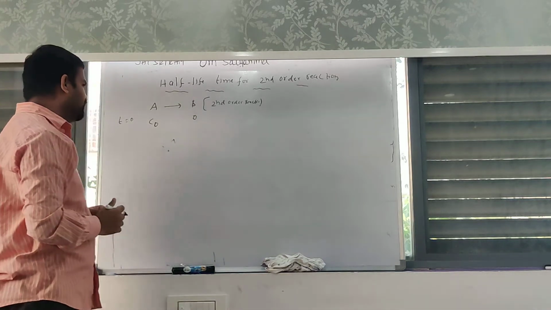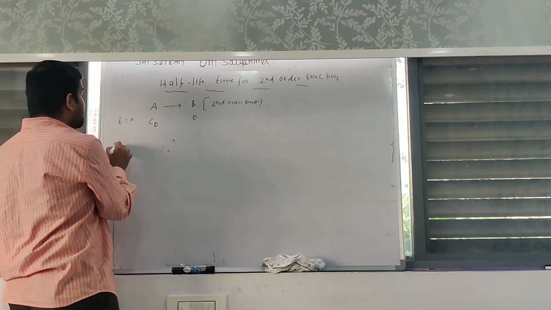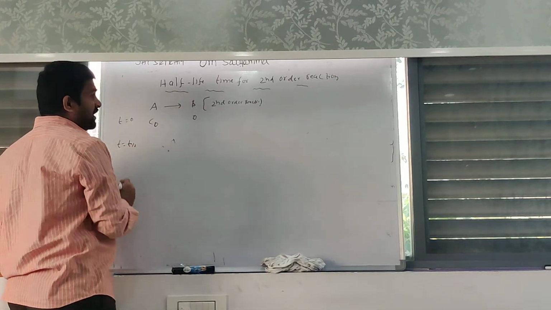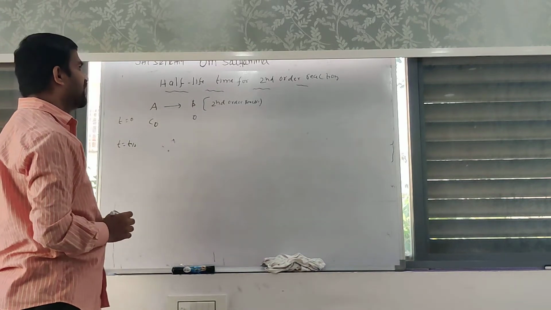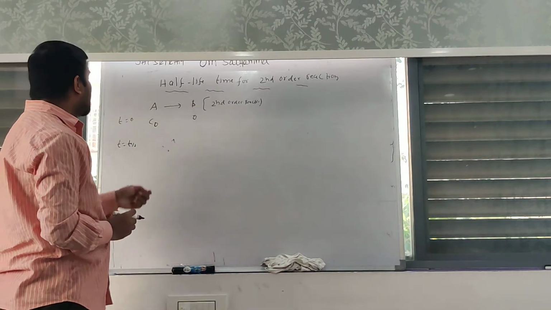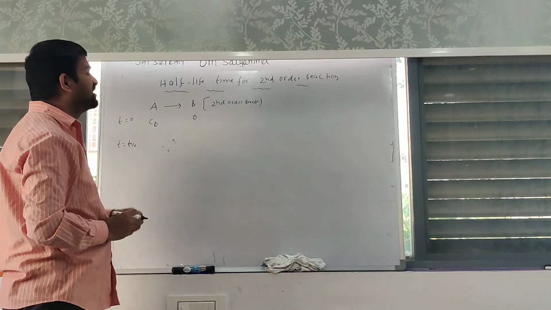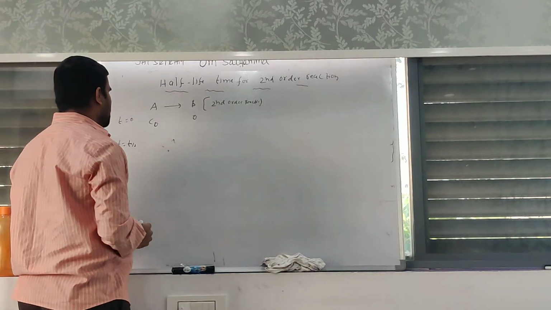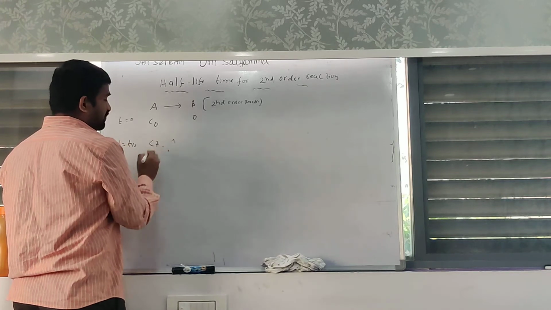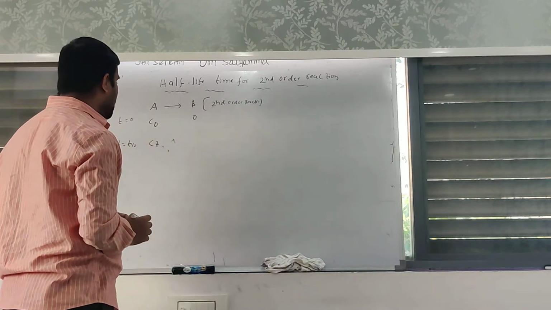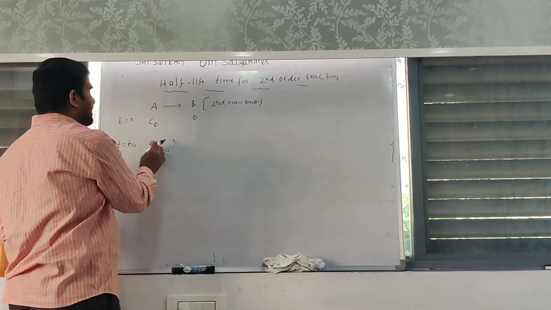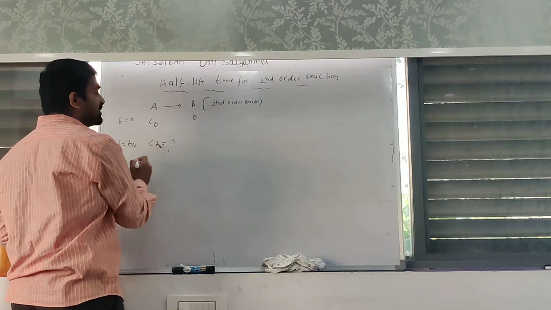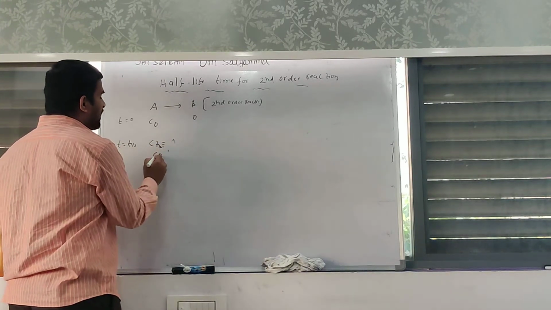That's why it is 0. At time t equal to t half, very very important, at half-life time, exactly half of the initial concentration is consumed. Finally, at half-life time, the reactant concentration Ct is equal to C0 by 2.